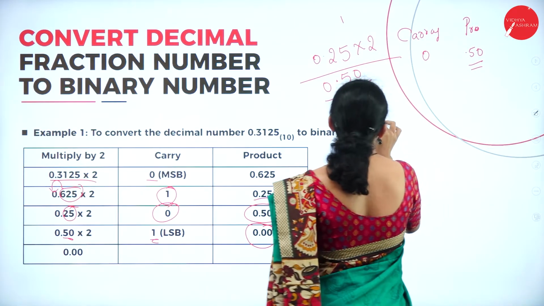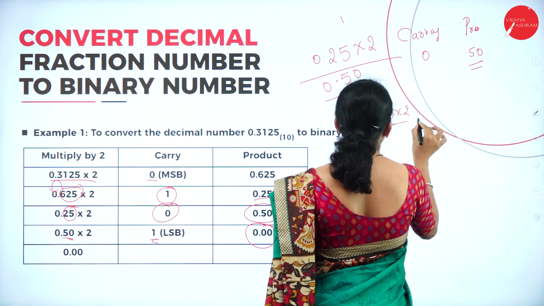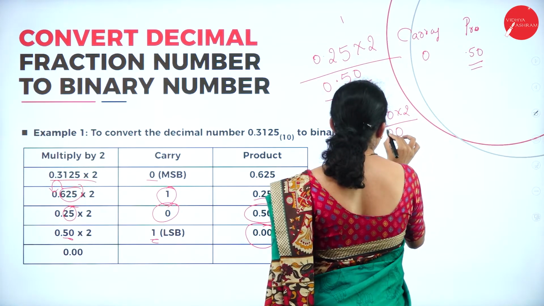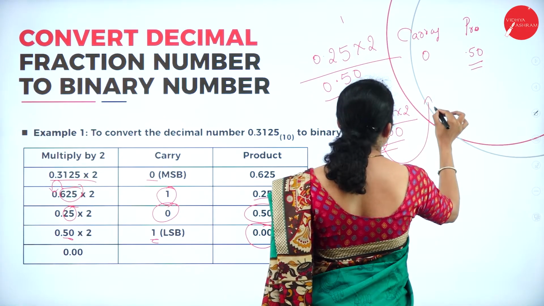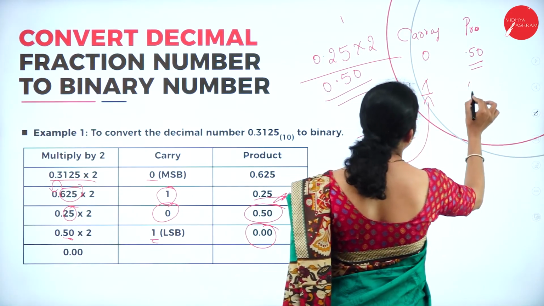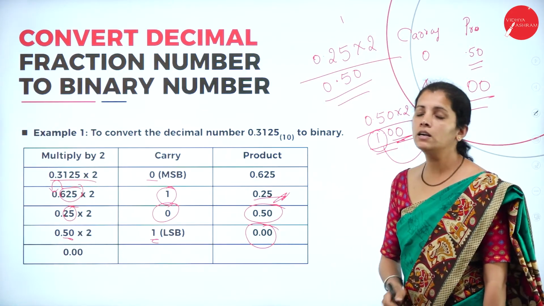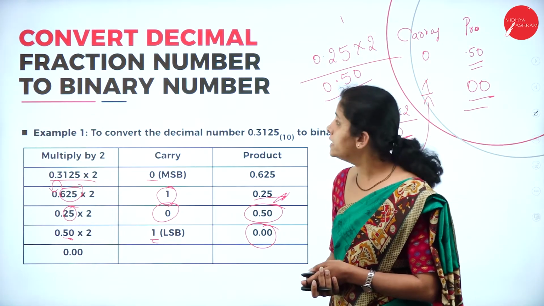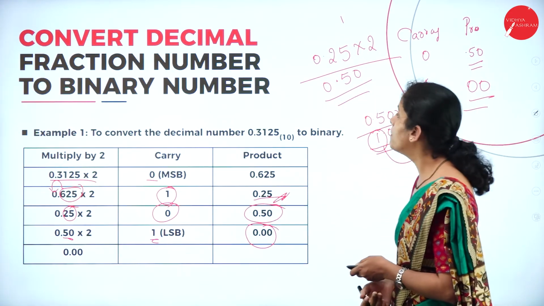Now 0.50 into 2, 2 5s are 10 and 1 carry, and I'm going to write this 1 in the place of carry. And what about the product? That is 0.0. So this is the way I can convert a fractional number to binary. So dear student, this is all about how to convert a fraction number to binary.